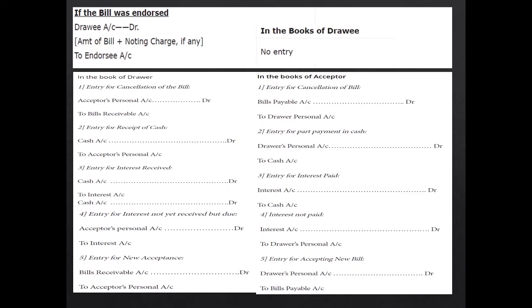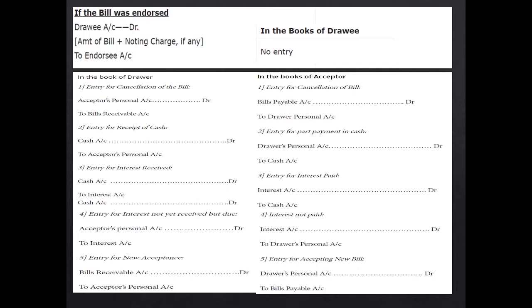If interest is due: drawee account debit to interest account, and interest account debit to drawer account. And for the new bill: bills receivable debit to drawee account, and drawer account debit to bills payable account.